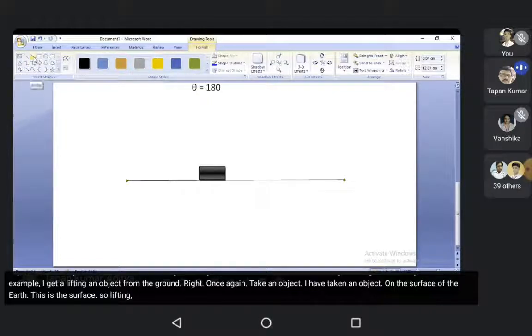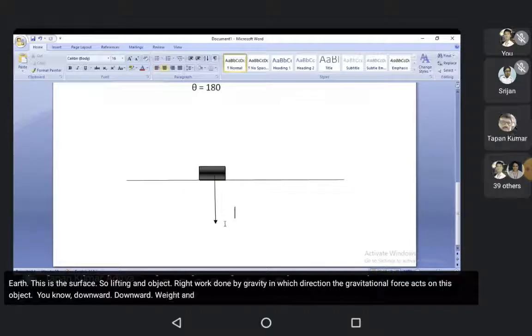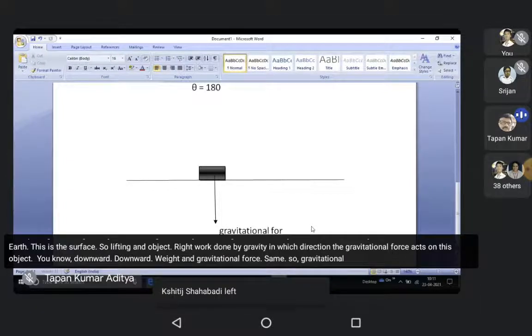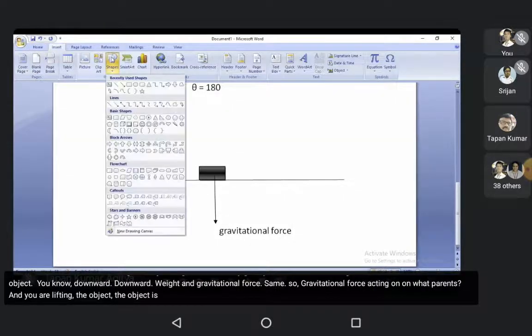So lifting an object, work done by gravity: in which direction does the gravitational force act on this object? Downward. Weight and gravitational force are the same. So gravitational force is acting in the downward direction. And you are lifting the object. The object is moving up. The displacement is in the upward direction.